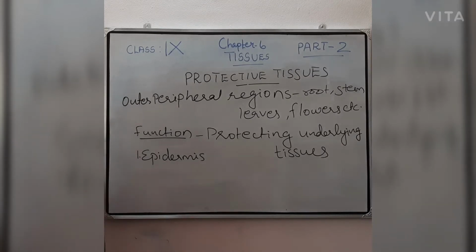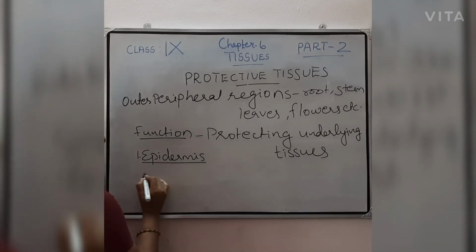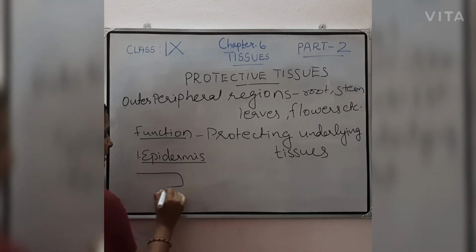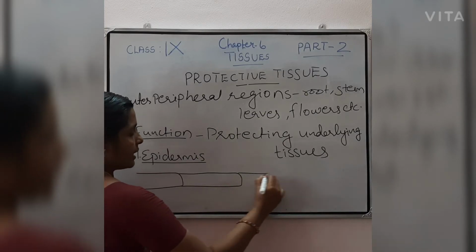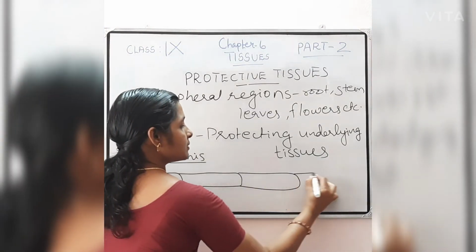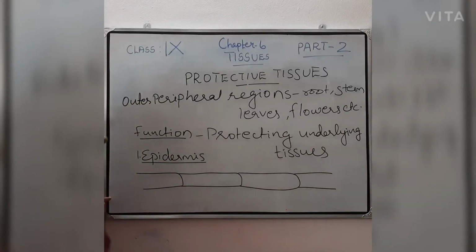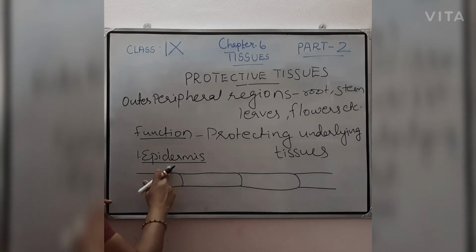What is this epidermis? This epidermis forms a single layer of cells, and these cells are flat. Epidermal cells, you can see, are the outer layer of the plant body, like our skin. The whole body is covered with this epidermis.